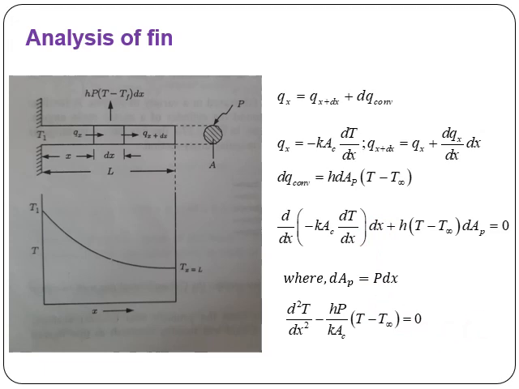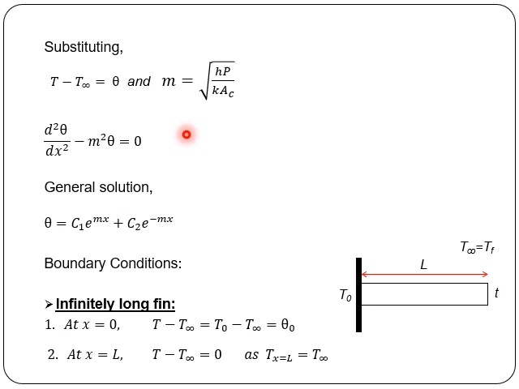Once we obtain this expression, I will substitute T minus T infinity as theta, that is delta T as theta, and m as under root of hP by kAc. So we have d square T by dx square minus hP by kAc into T minus T infinity equal to 0.